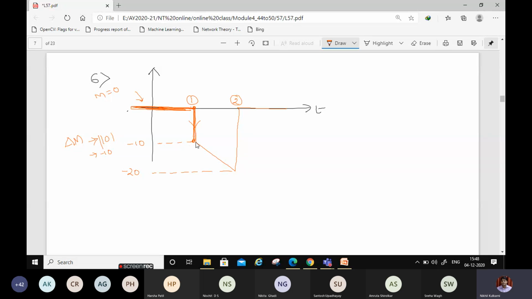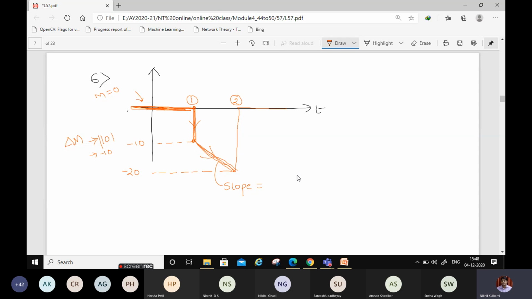Now here to here, what kind of signal do you have? Ramp signal. So what is the slope here? Same thing again, check the coordinates.